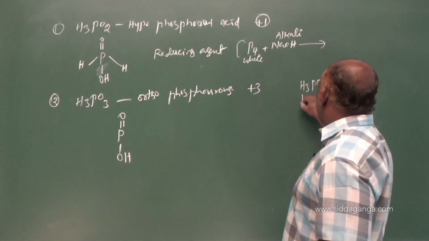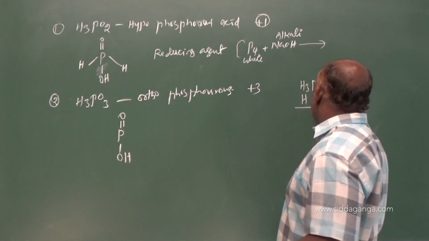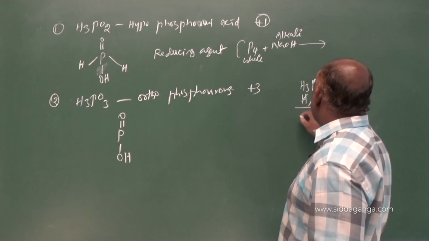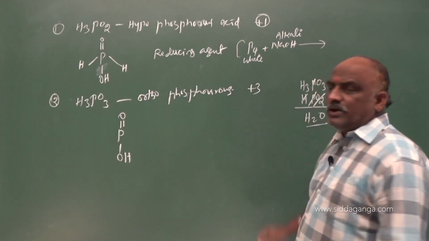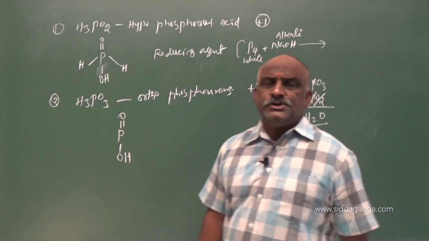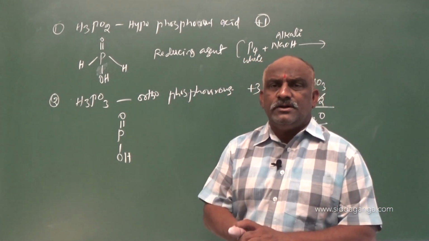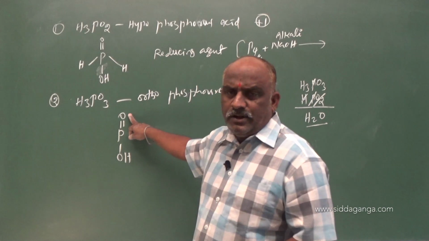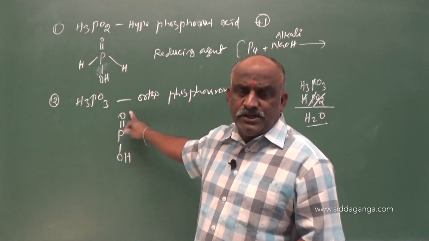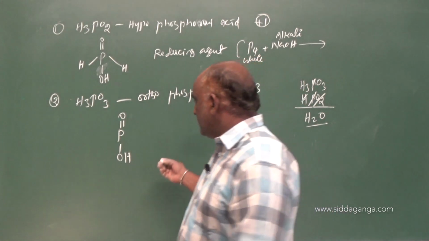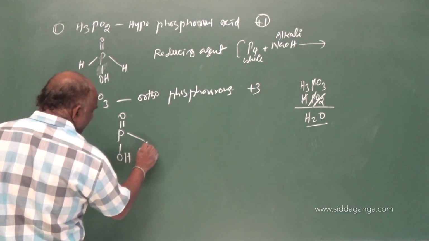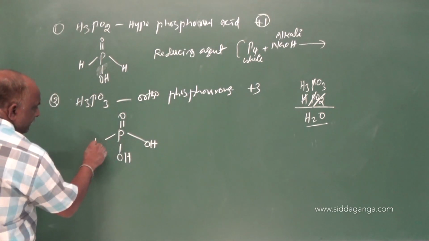H3PO3. HPO2 is over, what is remaining? H2O remaining. Oxygen individually does not take place, already 1 P=O bond only. Clear? Each phosphorus requires 1 P=O bond. Then here again 1 OH and 1 H.